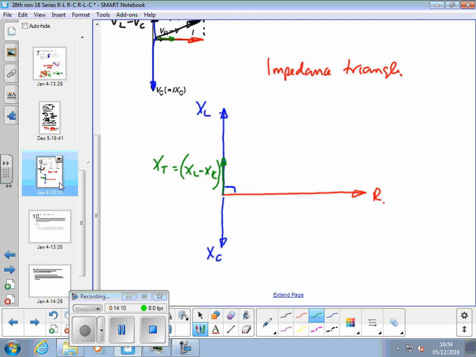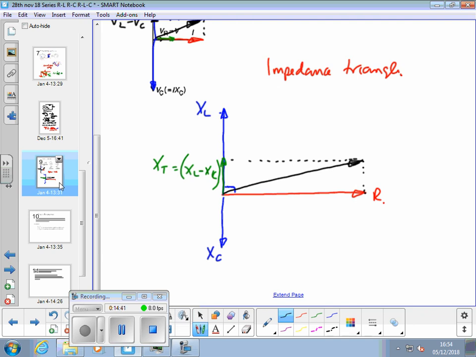And equally, that green line, if XC was bigger, would be going downwards, and overall XT would be negative. And the resultant in here, Z, is made using the combination of the XL and XC.